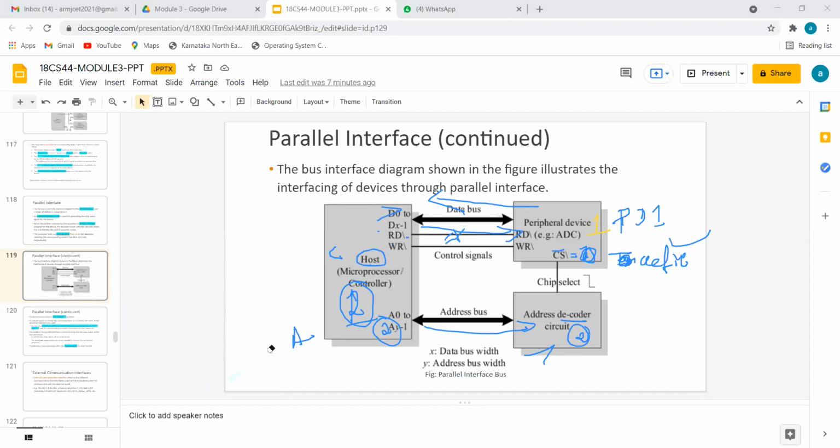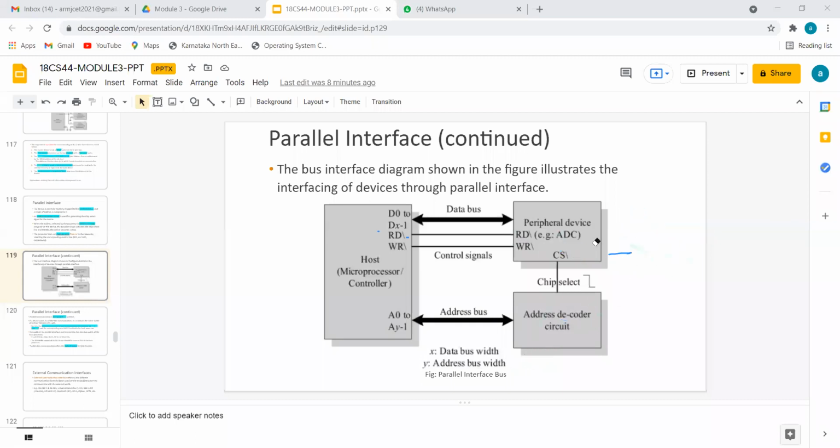One important thing here: some of the parameters. Whenever you are sending and receiving data through this parallel interface, it is very important that if you are sending 2 bits, the receiver should also have the capacity of receiving 2 bits. If you are sending 3 bits and its receiving capacity is 2 bits, then data loss will happen.